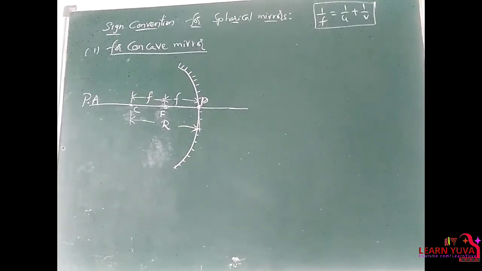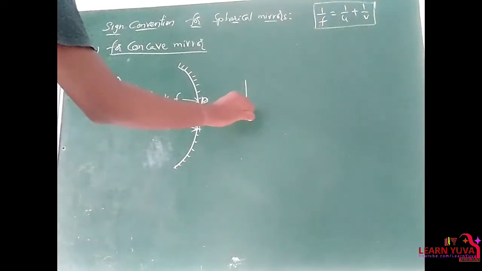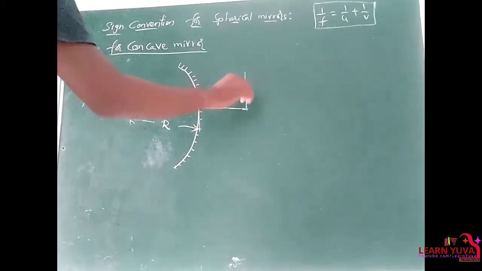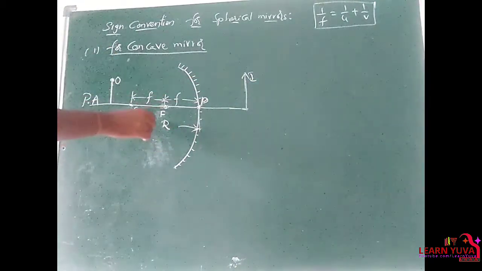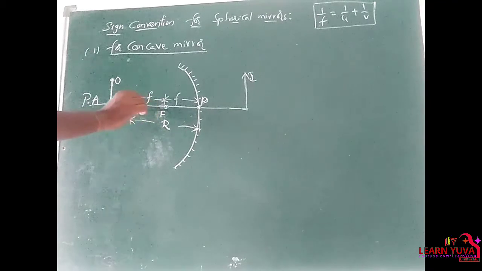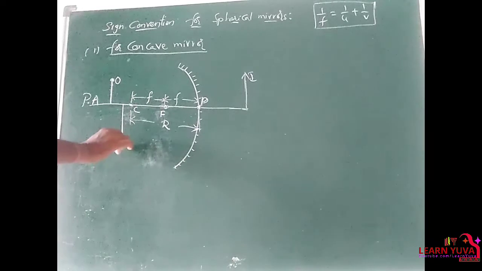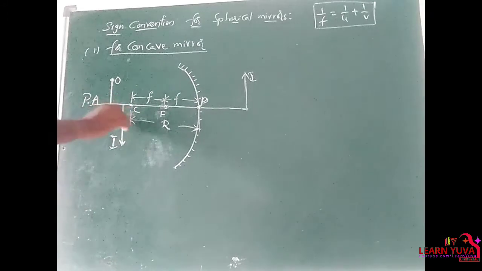Here the object is always placed at this position. It is nothing but object O. Sometimes the image may form here, or sometimes the image may form here. I is nothing but image.